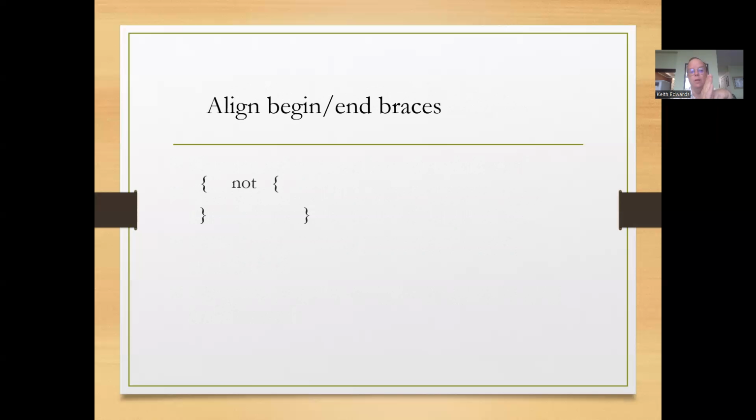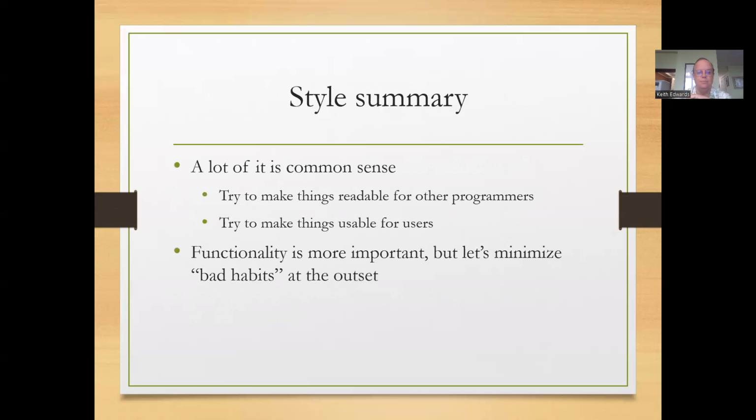Over on the left, they're aligned. You can see the beginning and end, and you can match up what goes in between them. Whereas the ones on the right, C++ will take both, but it's not as obvious, and if you have a lot of different braces or a lot of different blocks, it can get confusing when they're not aligned.